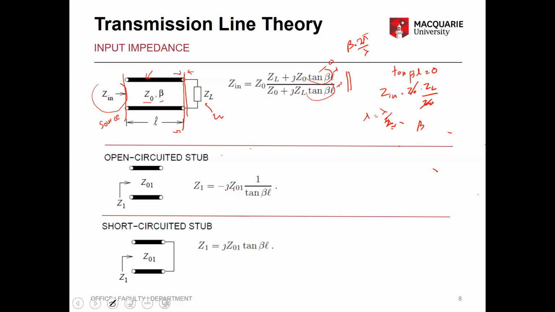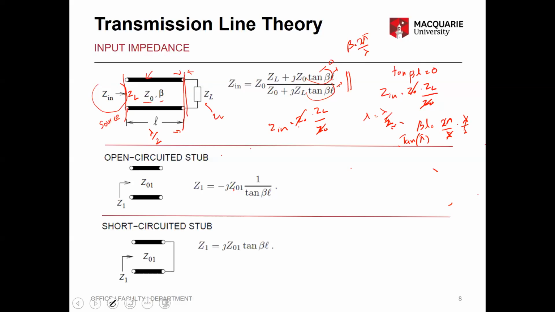Your beta L product is 2 pi over lambda times lambda by 2, so you get tan pi, which is 0. So this is all 0 again, and your input impedance again becomes Z0 times Z load over Z0. At L of lambda by 2, you're back to the same impedance as Z load.